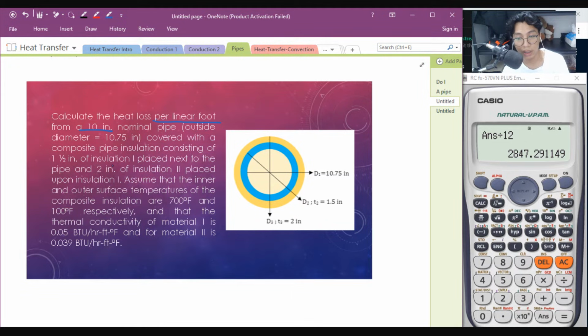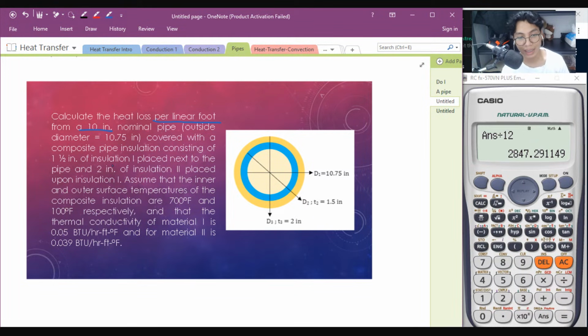Yung 10-inch is the size niya given. Pero, merong thickness yan. Yung thickness niya is half nung kanyang extra dun sa 10.75. Okay? The nominal size, or tawag dito, product size yan. Pero hindi yan fitting. Parang allowance yan for it to cut. Okay?